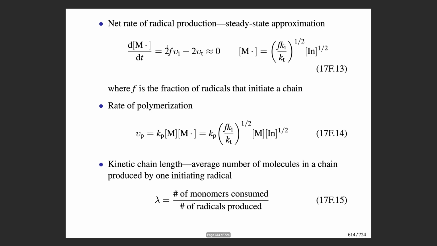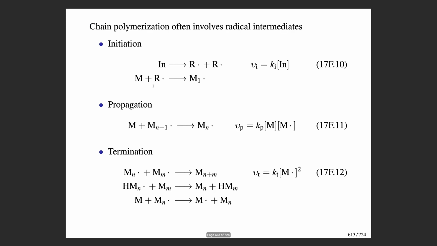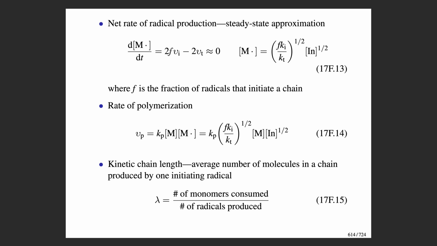And so that's why we have this 2 times nu I, and then the factor F refers to the fraction of radicals that initiate a chain, meaning your initiator forms radicals. Perhaps not every radical will go on to form a chain. Some fraction of the radicals formed will. So that's what that little fudge factor is there for. Okay, so that adds to the concentration of the chain radicals.